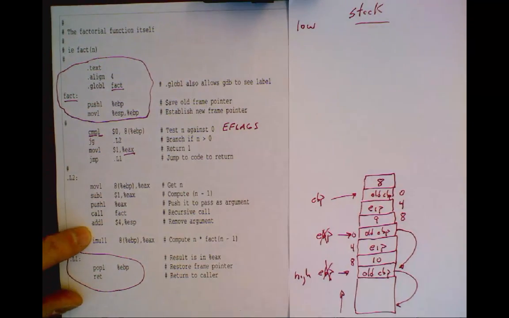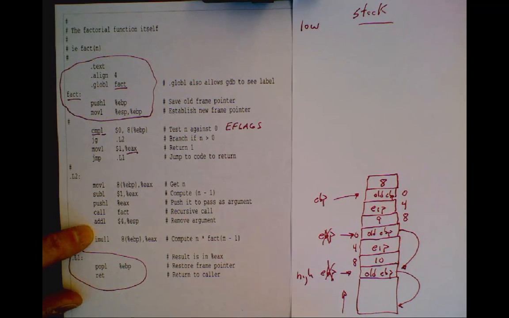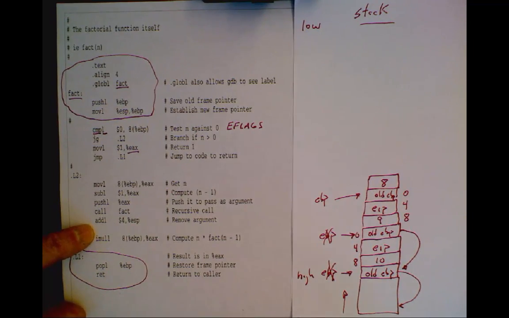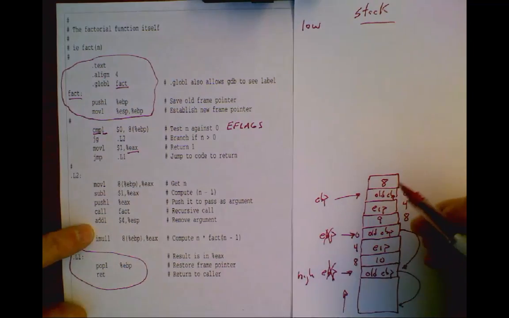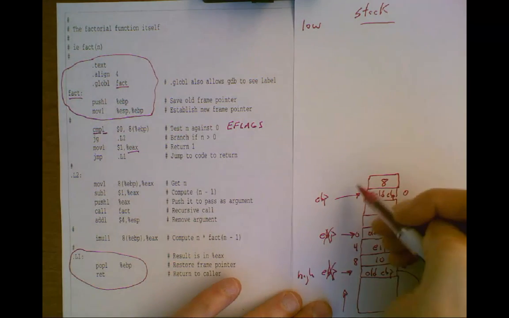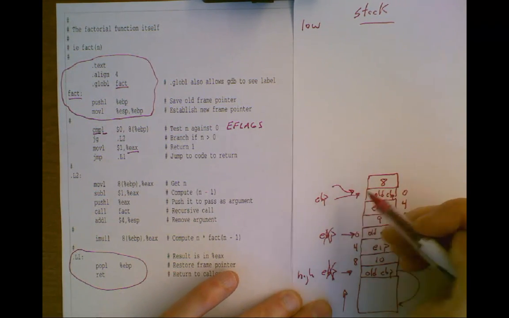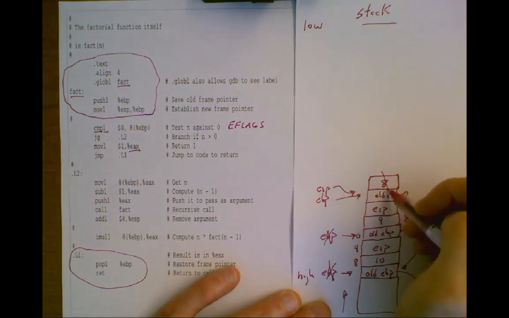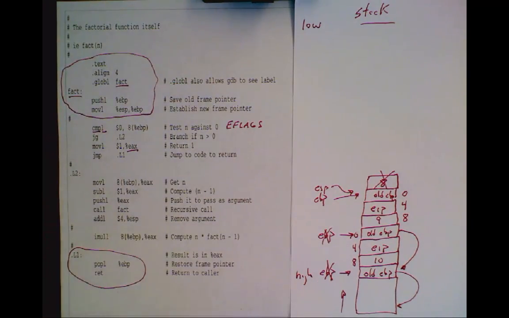It turns out in the Intel world, the convention is that the caller pushes the arguments on, and the caller has to remove the arguments off the stack after the call. So that's what this is doing here. By adding 4 to the stack pointer, I'm moving the stack pointer to point down here, in effect popping that thing off the top of the stack.